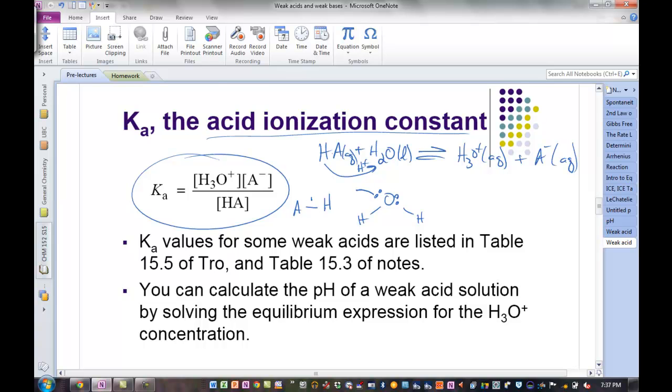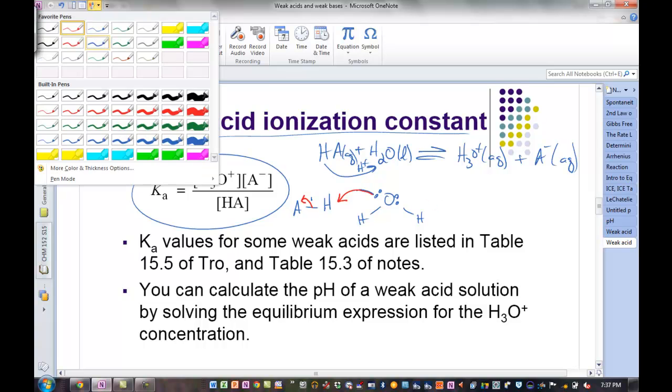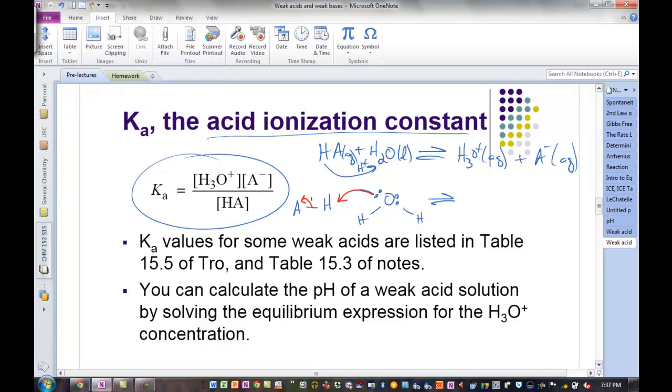We should use a red arrow: the electron pair from oxygen grabbing the H+, and then that electron pair kicking up onto the anion, and then we produce H3O+. We get the same products. So when water grabs this hydrogen ion, we get H3O+, and because this pair of electrons, this bond, kicks up onto the anion, onto A, it will now have a negative charge.